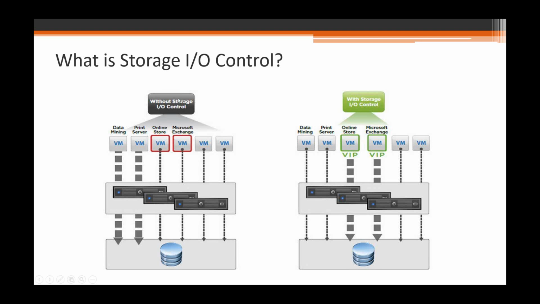And let's say 2 VMs in this screen are hammering the data store in a way that the latency goes up and causing other VMs to suffer. And these other VMs might be more critical VMs, right? So we don't want that situation to happen, obviously. And the way we manage that is by using Storage I/O Control.